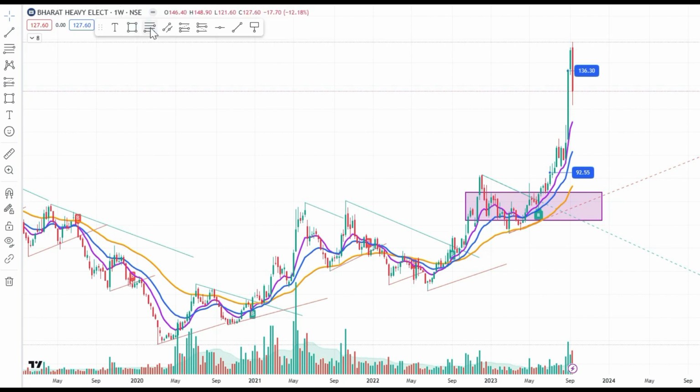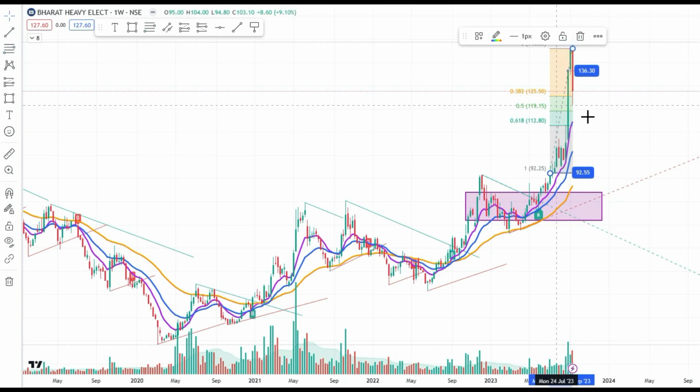So if you take this as the Fibonacci, if you draw the Fibonacci lines here, I would wait for 112, because we don't have a good market right now.